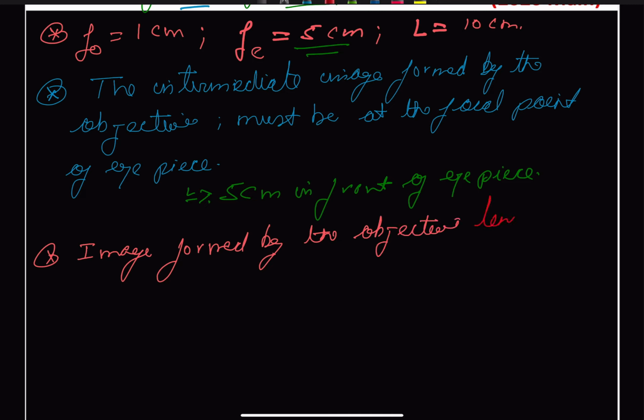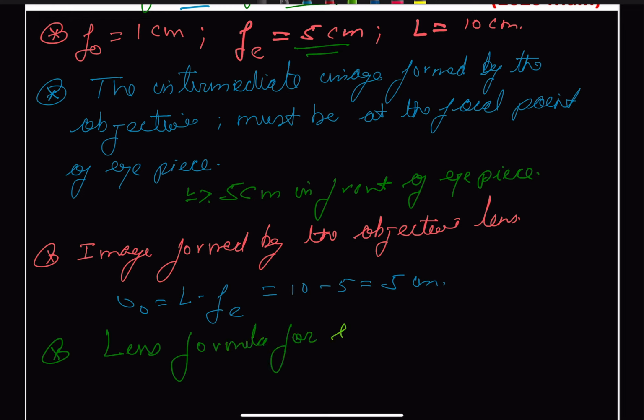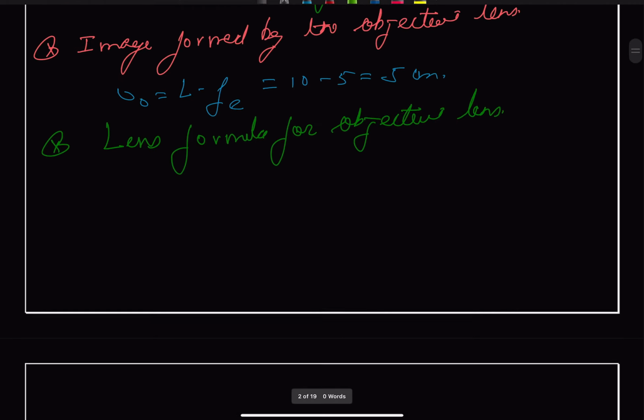Now we can use the lens formula for the objective lens. So you can say 1 upon f0 is equal to 1 upon v0 minus 1 upon u0, and focal length is given as 1.